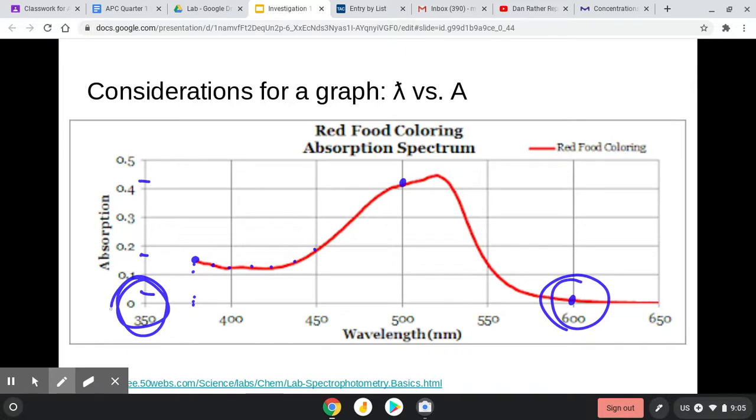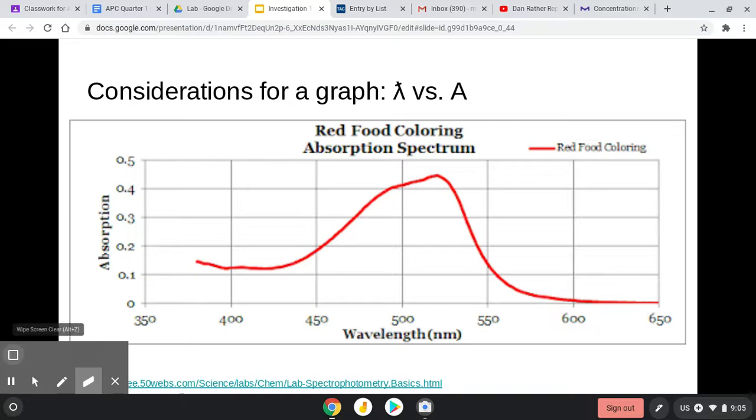So there's a couple considerations that you need to make when you are analyzing a graph like this. Okay, so we're going to make a graph like this for copper so that we can pick a wavelength.